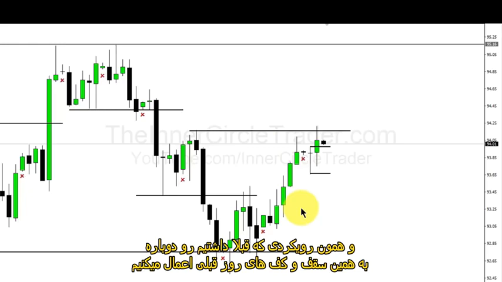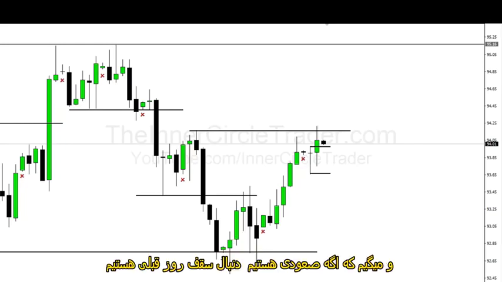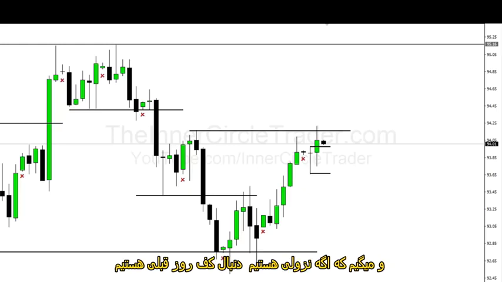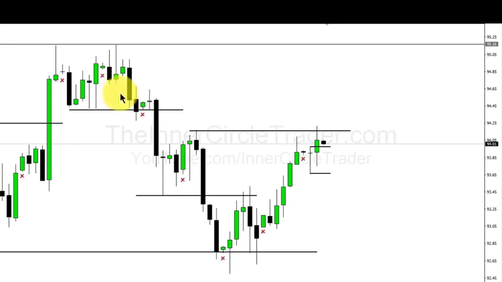And then we take that approach and apply it immediately to the previous day's high and low, as we have here. And what you're determining is if we're bullish, we're going to be focusing on the previous day's high for momentum. And when we're bearish, we're going to focus on the previous day's low for momentum.